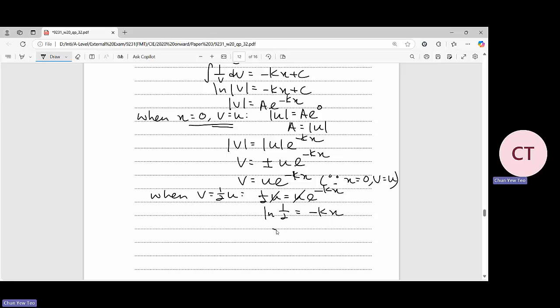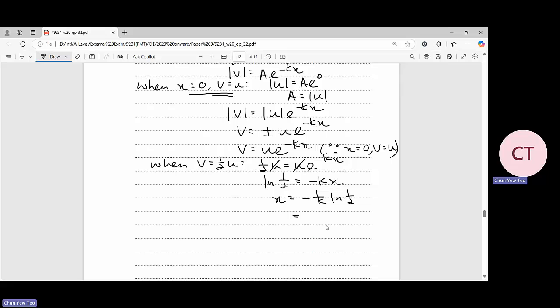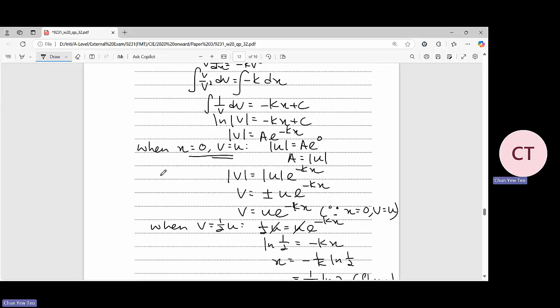So your x is equal to negative 1 over k ln half. But the question wants you to prove that it's a positive 1 over k ln 2. So you just need to bring the negative up. Then you get 1 over k ln 2. Shown. So this is how you show the answer for part A.